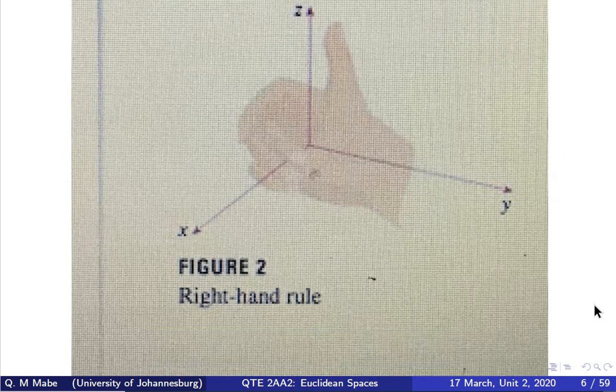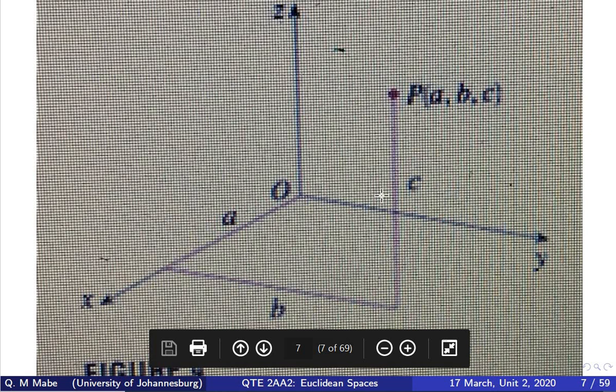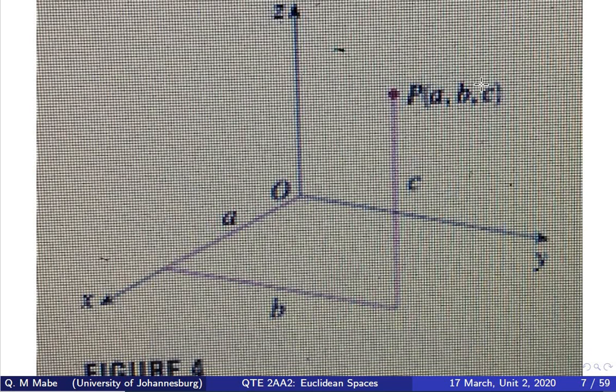To think of these points, you can use the right-hand rule, where the thumb corresponds to the z-axis, your index finger corresponds to your x-axis, and the other three fingers correspond to your y-axis. That's how you can draw your R3 coordinate space. So this point P, (a, b, c), is how you draw a point in R3.